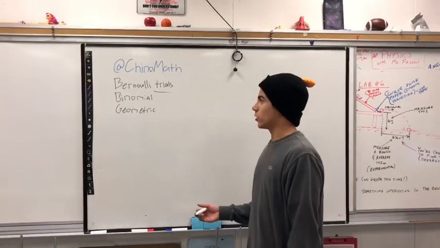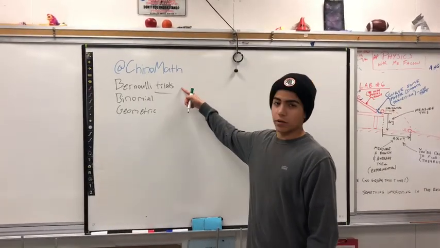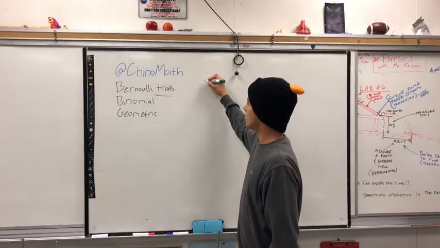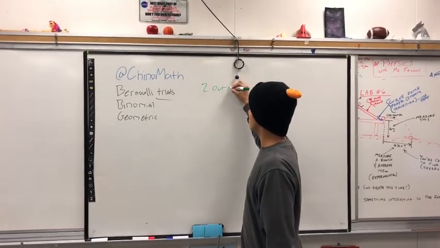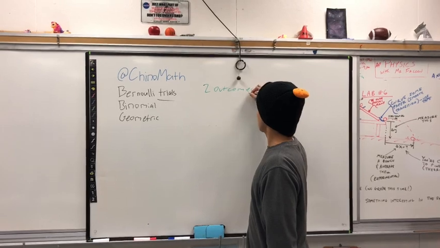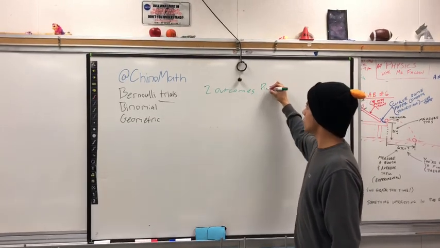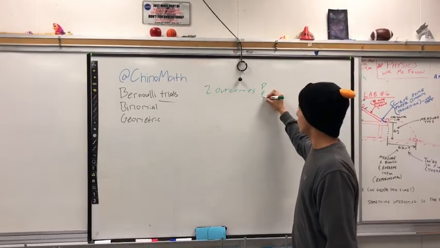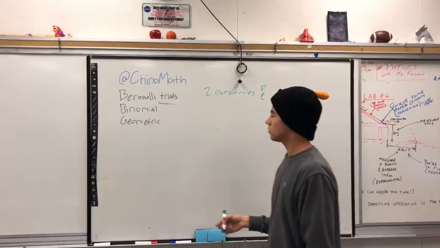I just want to finish this video off with a little summary. So Bernoulli trials, we saw that there's 3 conditions for them. You have 2 outcomes: success, represented by p, and failure, represented by q.